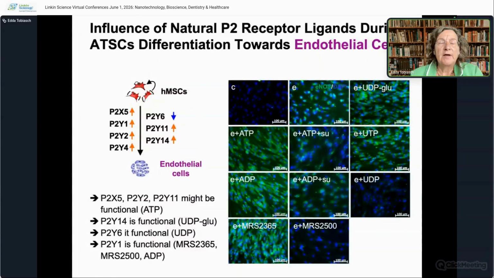If we summarize this, we can come up with that scheme, which you can see on the left side. There are several purinergic receptors where the upregulation pushes mesenchymal stem cells towards the endothelial lineage, and actually one, P2Y6, where the downregulation enhances endothelial cell differentiation.